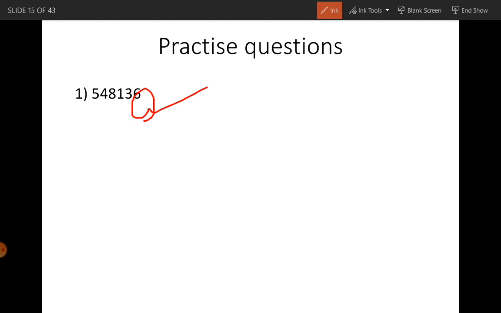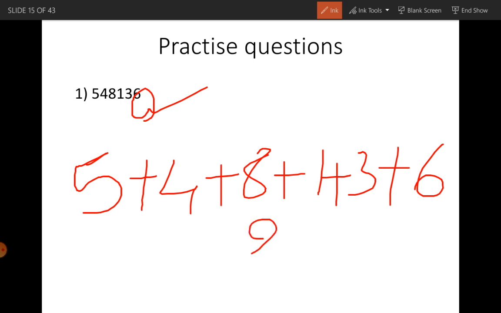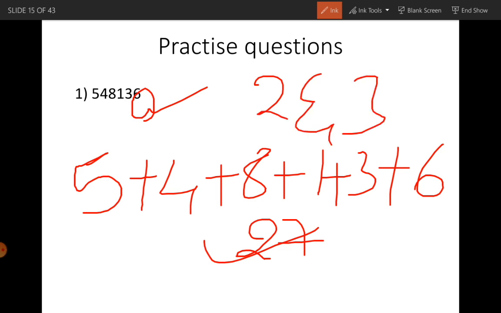For the test of 3 we have to add all the digits: 5 plus 4 plus 8 plus 1 plus 3 plus 6. 5 plus 4 is 9, 9 plus 8 is 17, 17 plus 1 is 18, 18 plus 3 is 21, plus 6 is 27. 27 is divisible by 3, so this passes both the tests of 2 and 3, so this number is divisible by 6.